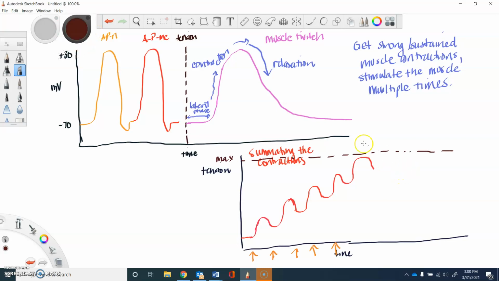And as it's doing that, it's up here doing that. We call that ability, where it's just going and keeps contracting without being completely relaxed, unfused tetanus.